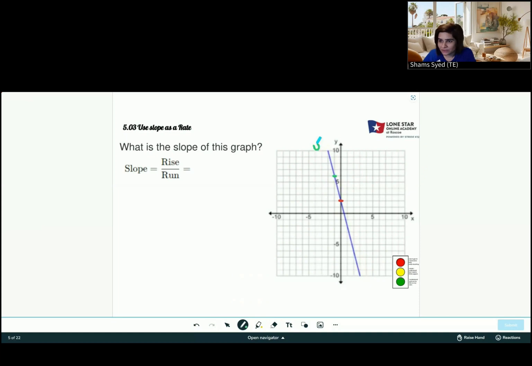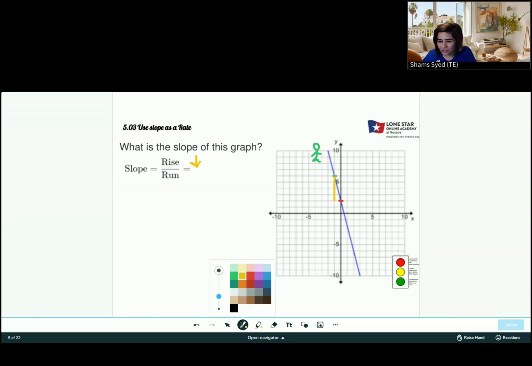Notice the stick figure is always going to go from left to right. So let's see. Oh, again, stick figure is not rising. Stick figure is falling. It is a negative slope. How much negative? 1, 2, 3, 4. Regina, you're right.